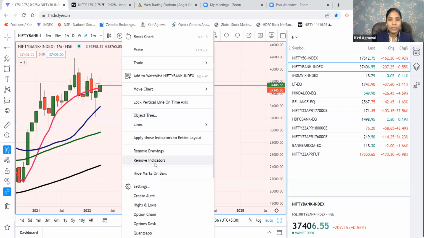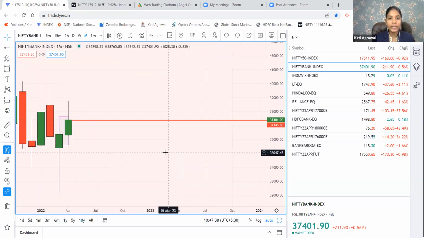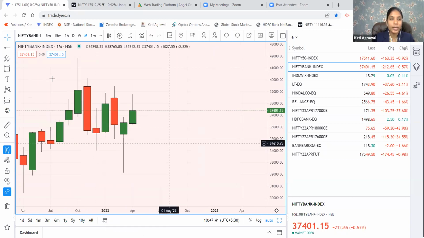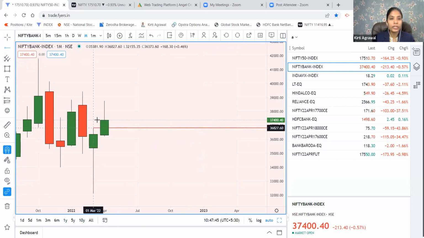So if I remove the indicators and let's mark the boundaries here, this is your previous month's high and this is your previous month's close.